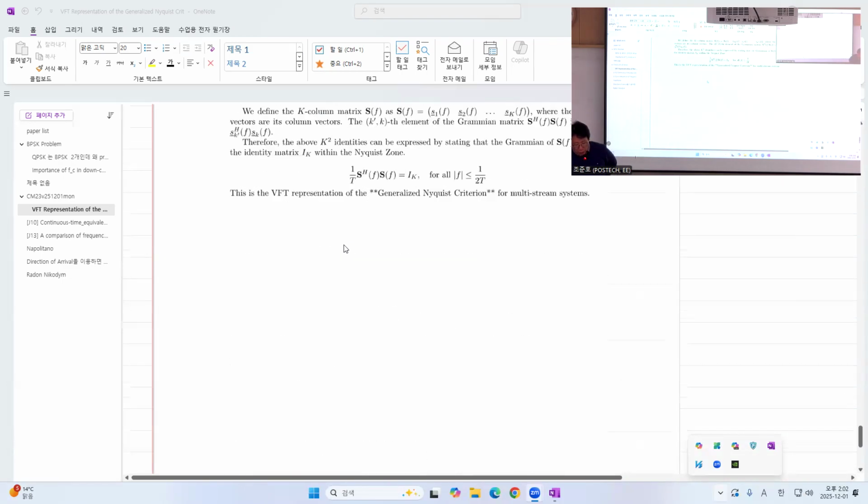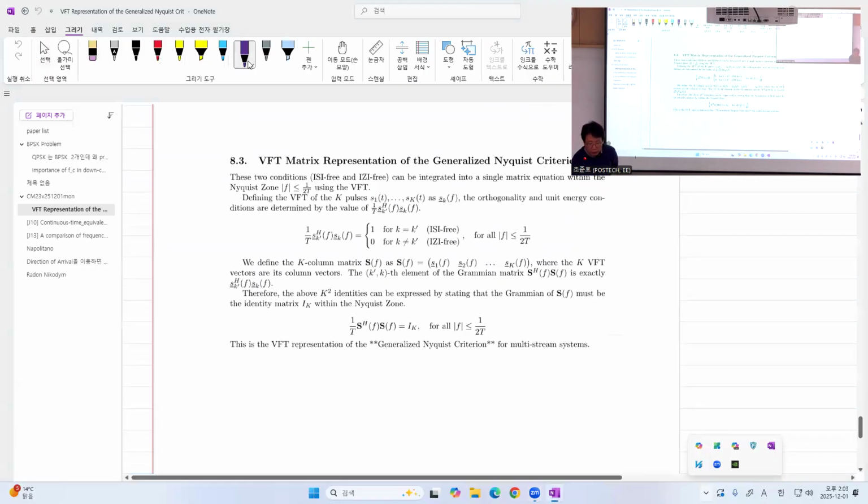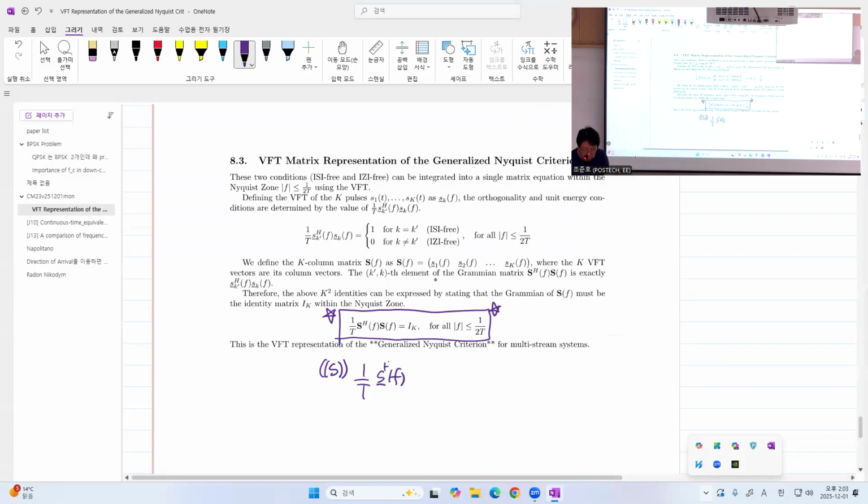So we have such a result like this. So this is the key result. And this key result has a simplest case that is given by this one.